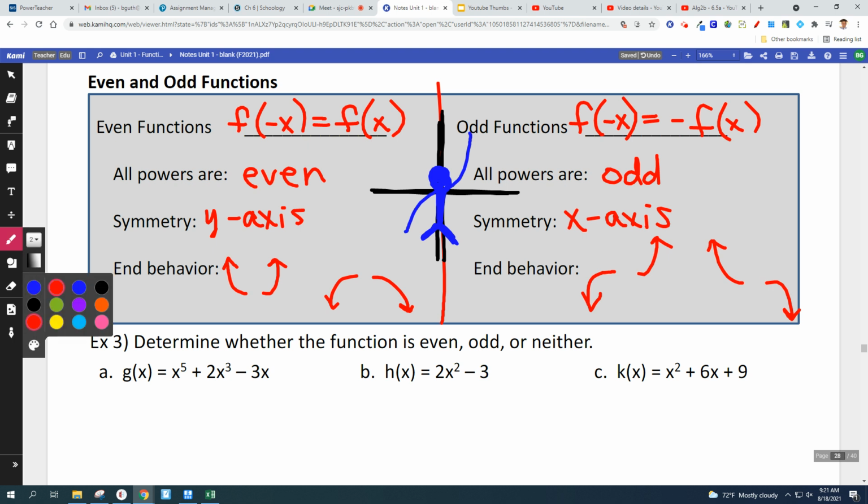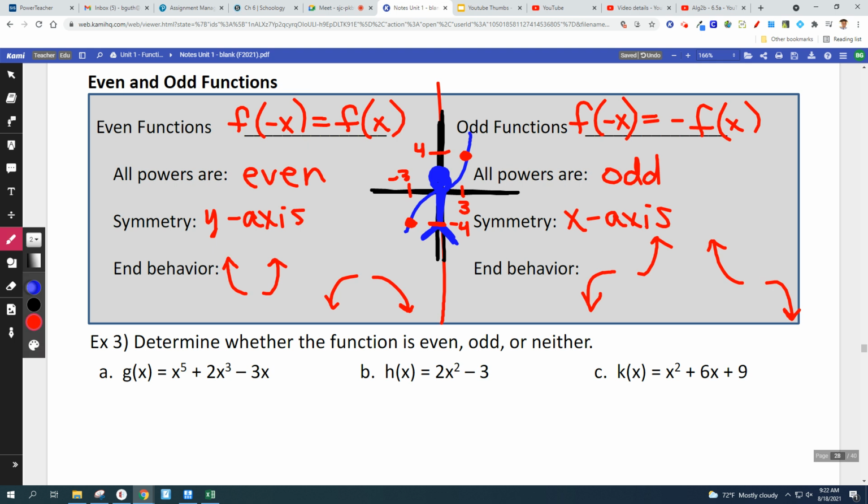If you plug in some number, let's say we plug in 3, and we get some y value, let's say we get 4. Then if we plug in -3, we should get -4. That's what an odd function does. If I plug in some number and get this positive value, if I plug in the negative version of that number, I'm going to get the opposite value.